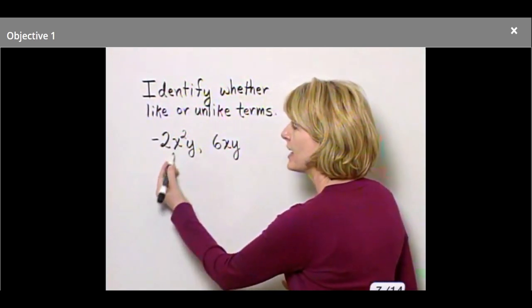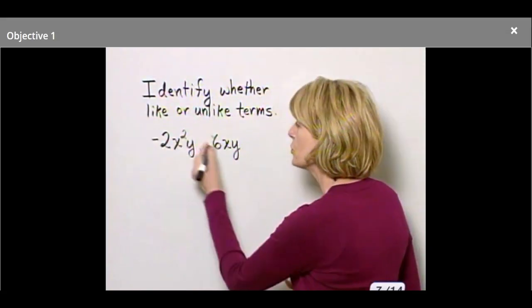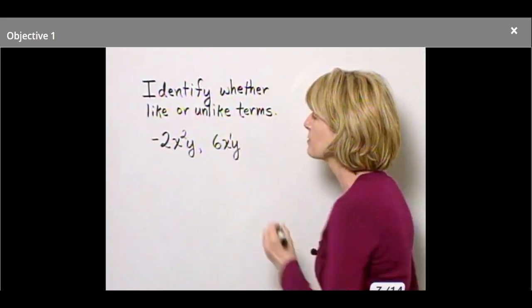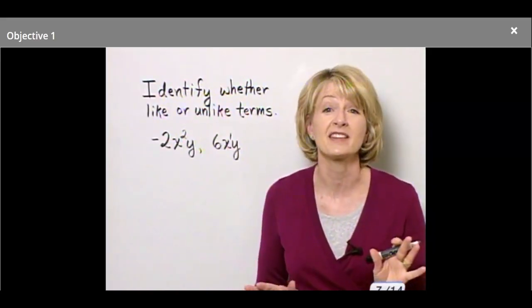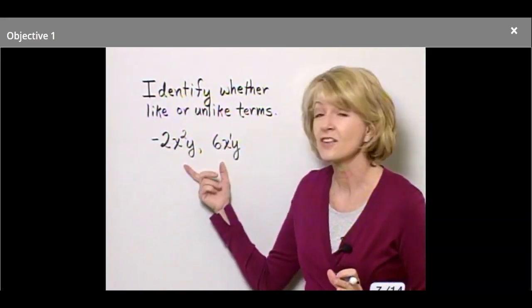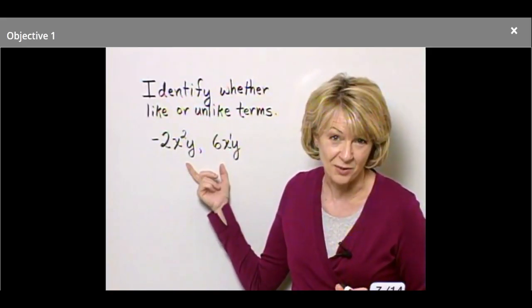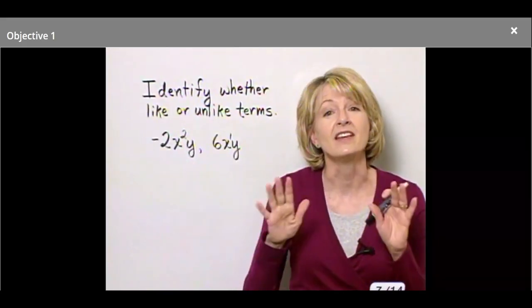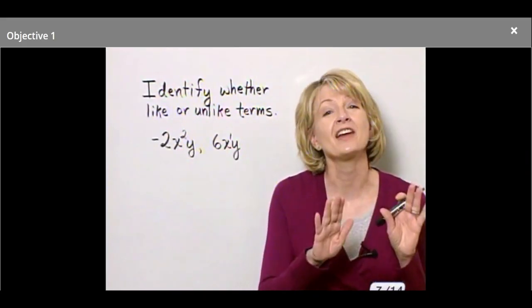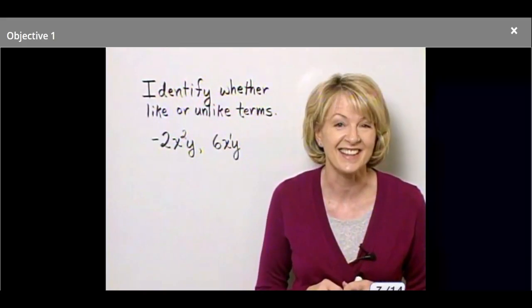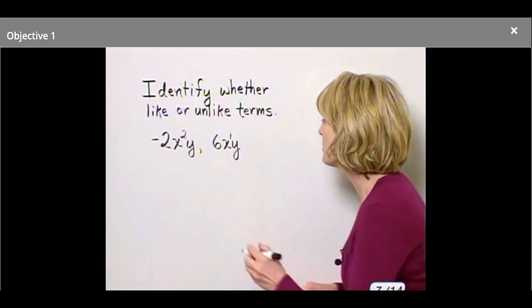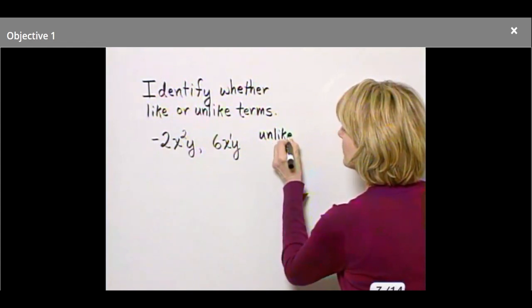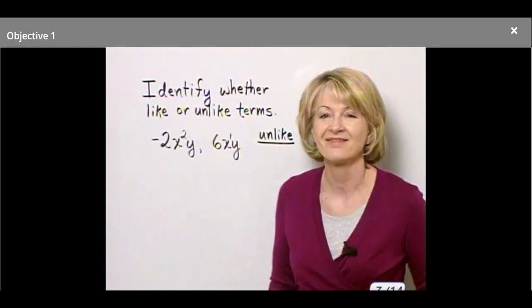This variable x has an exponent of 2. This variable x has an understood exponent of 1. So we can stop right there. These are not like terms. One more time, don't forget, for you to have like terms, the variables and their exponents must be exactly the same. So these are unlike terms.